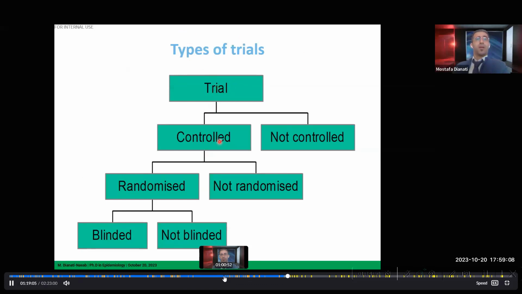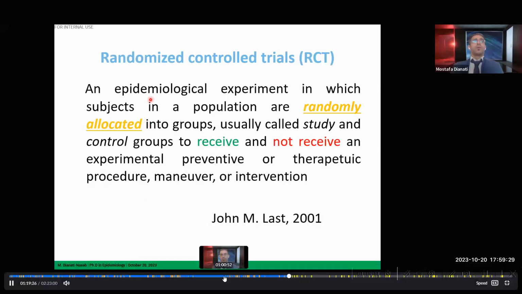So, types of trials. The trial is controlled, so it's randomized. It can be blind or not blind. If it's blind, then not only the investigator but also the patients and the analyzer don't have any access to the data about which patient was assigned to which study arm. So an RCT is an experimental study in which subjects in a population are randomly allocated into groups, or study groups.